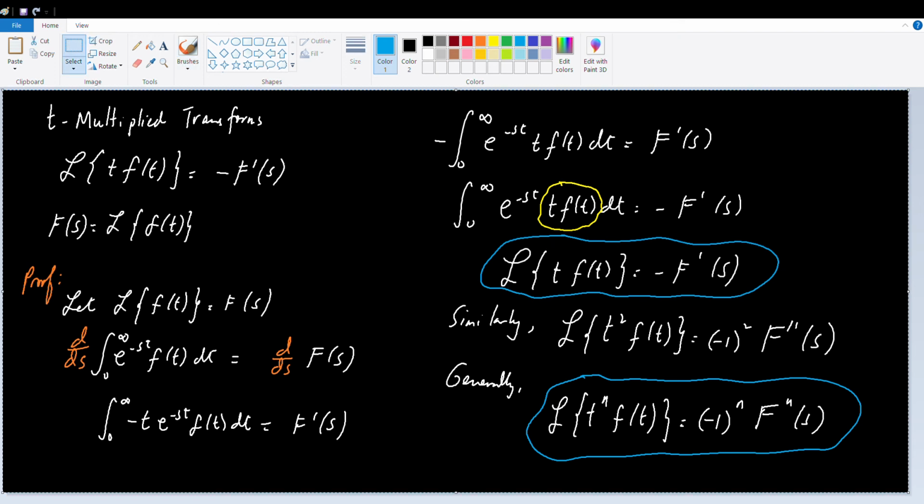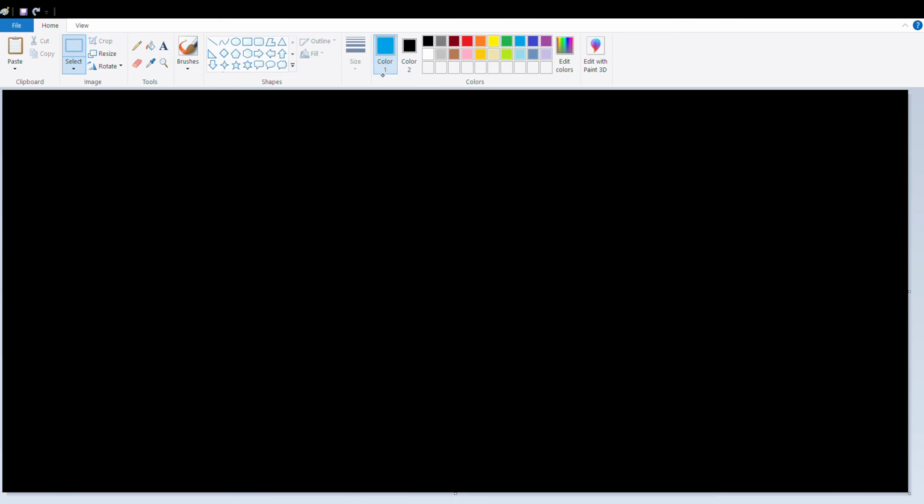So let us have an example. Take the Laplace transform of t sine of t. Let f of t be equal to sine of t.